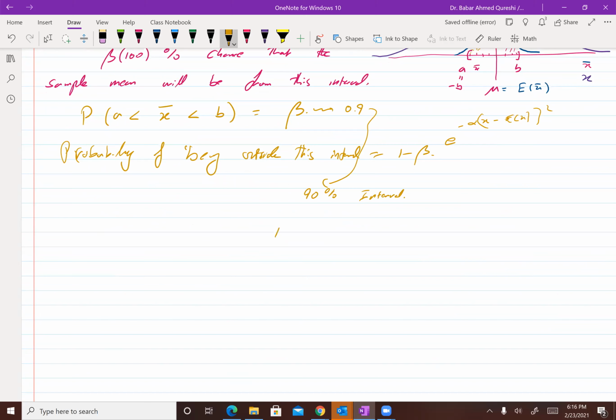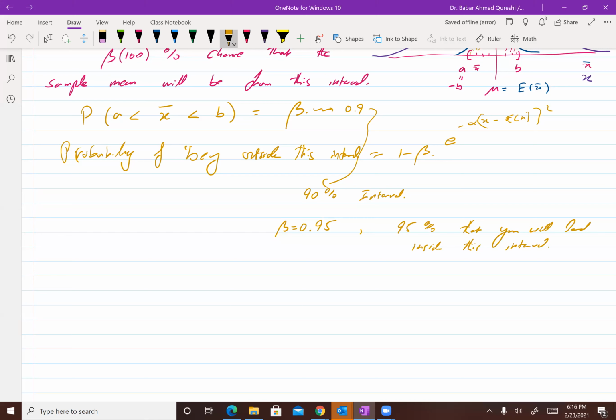Or you can choose beta to be 0.95, then you have a 95% chance that you will always land inside this interval. But how would you know this interval?